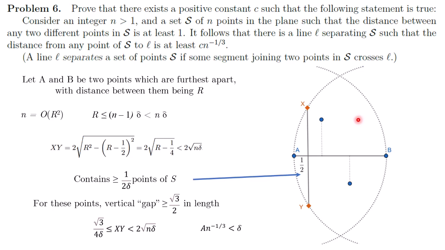If you put a circle of radius half around each point, the n circles will not intersect each other, but at the same time the n circles must be contained within some slightly fattened area of the lens here, because all the points are contained in the lens.